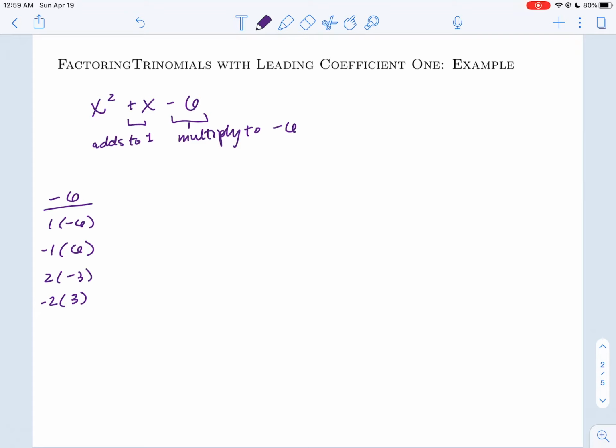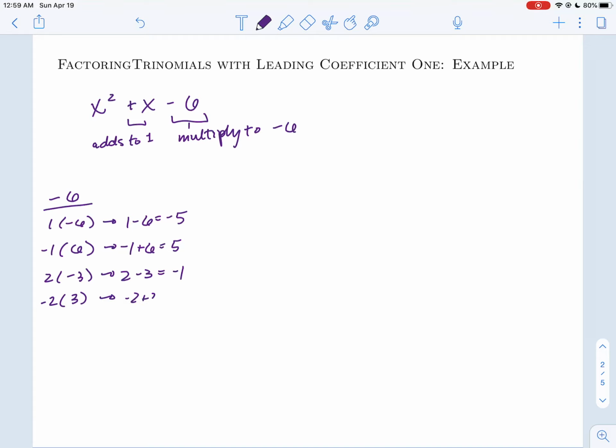So from here, I want to see, well, what do those two numbers add to? With that 1 and negative 6, right, 1 minus 6, that'll be negative 5, so that's no good. Negative 1 plus 6, that'll be a positive 5, also not working for me. 2 minus 3, that'll be negative 1, so I'm almost there, but I want that positive 1.